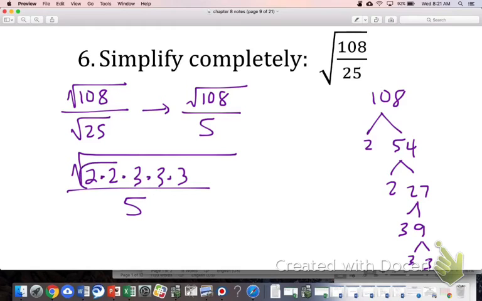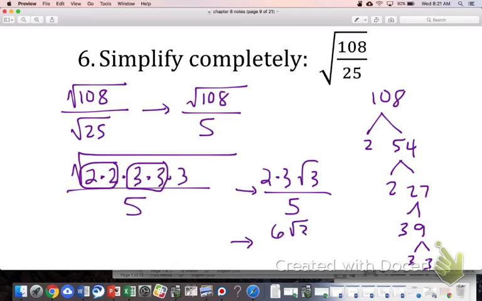So I'm looking for 2 2s, looking for 2 3s. There is an extra 3 right there. And hopefully this makes sense as far as how we finish this. The pair of 2s comes out as a single 2. The pair of 3s comes out as a single 3. So it would be 2 times 3 times the square root of 3 over 5. So perhaps my final simplification here would be 6 root 3 over 5.